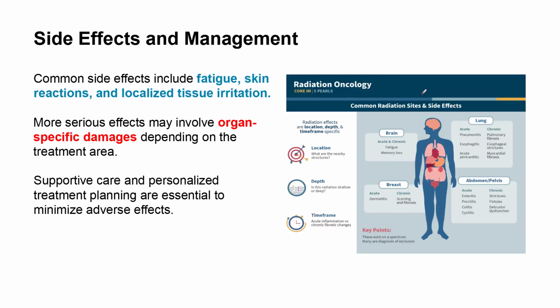And as you can see from here, the common radiation side effects are location, depth, and time frame specific. So location: where are the nearby structures? You need to identify that. It is very important.